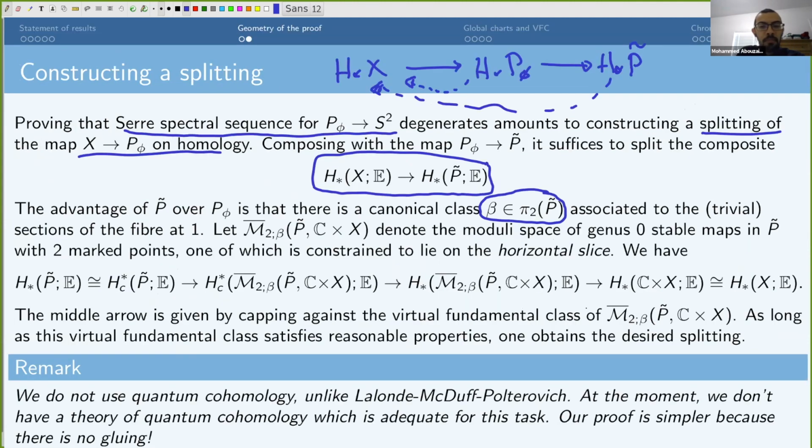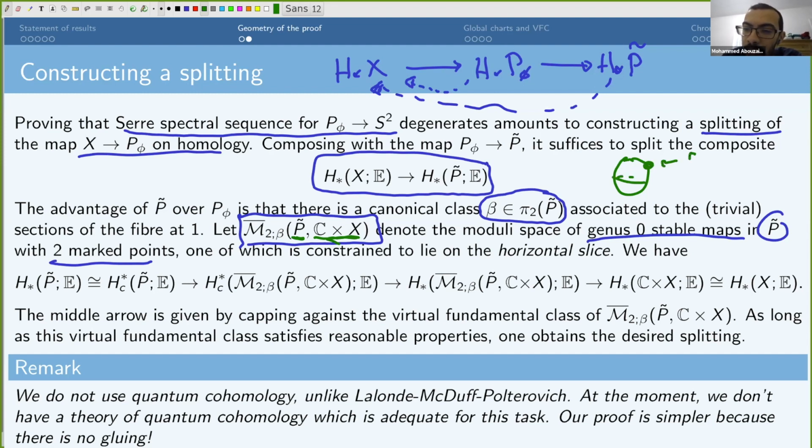We look at the moduli space of genus 0 stable maps in this total space which have 2 marked points, which are in this class beta. This is kind of important. There is some decoration here: P tilde and C cross X. What that means is that one of the marked points is basically free.